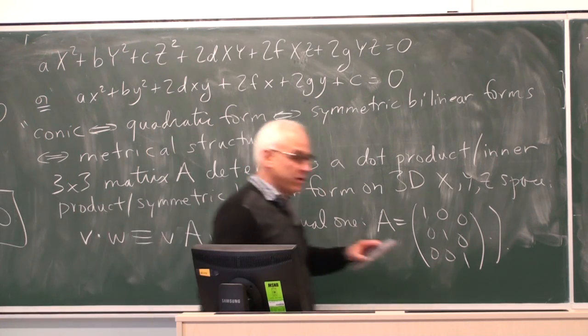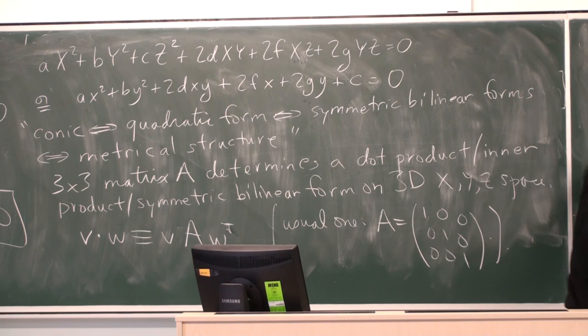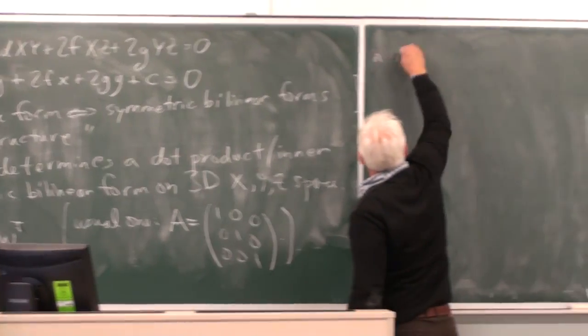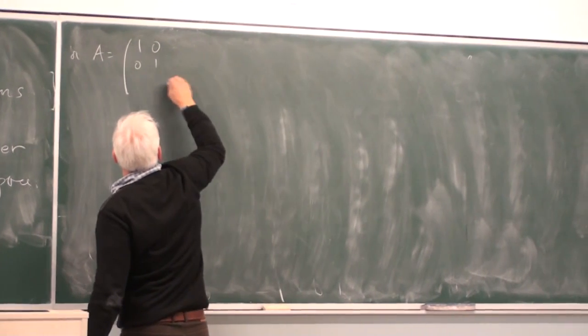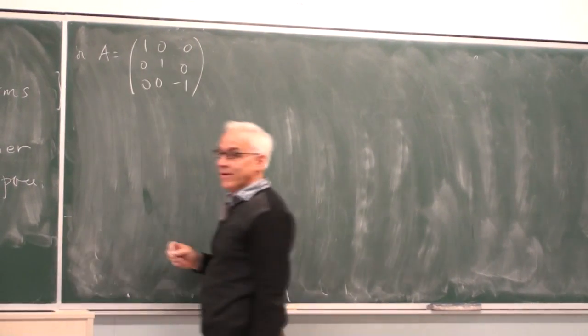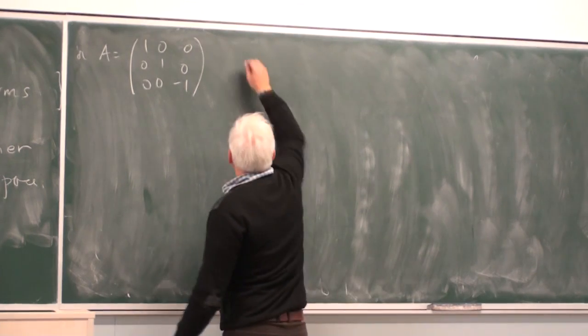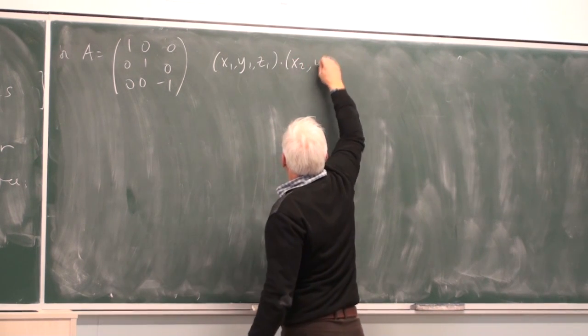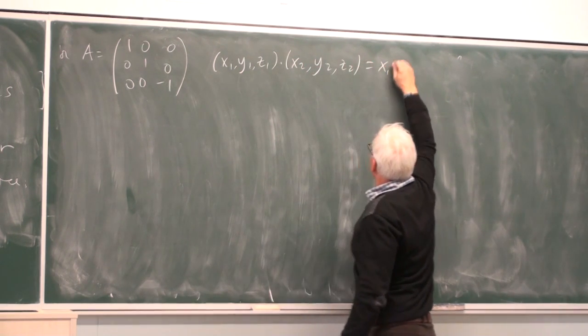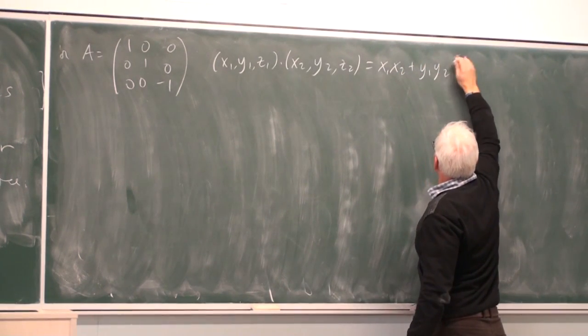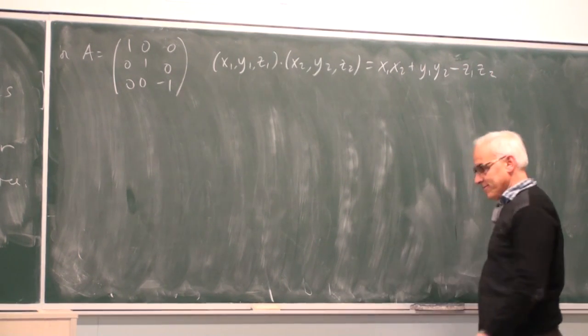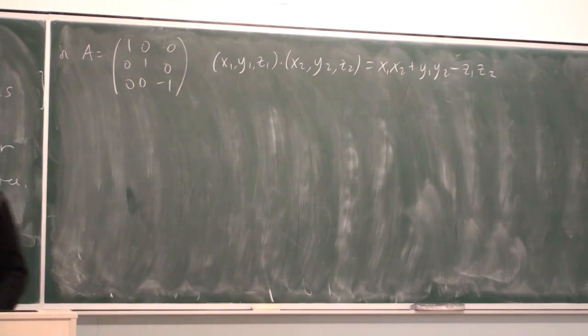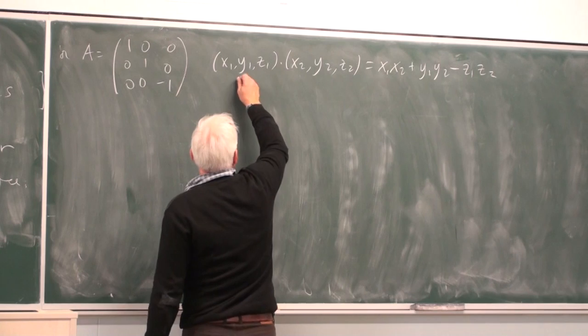And another one that's very important for differential geometry is a relativistic one. So another example, if A is equal to diagonal 1, 1, minus 1, then the dot product looks like (x1, y1, z1) dot (x2, y2, z2) equals x1 x2 plus y1 y2 minus z1 z2. So that's a dot product or bilinear form that's essentially relativistic.